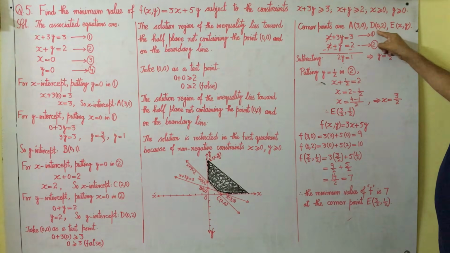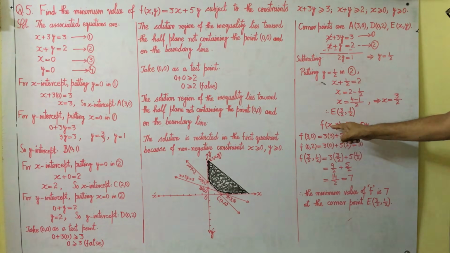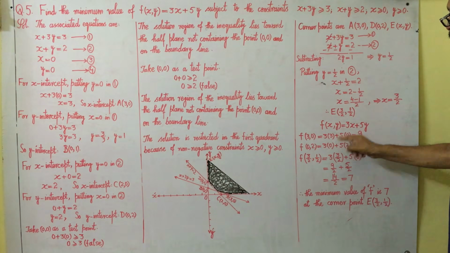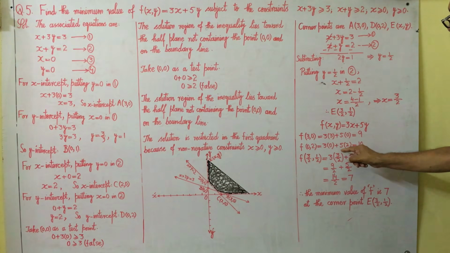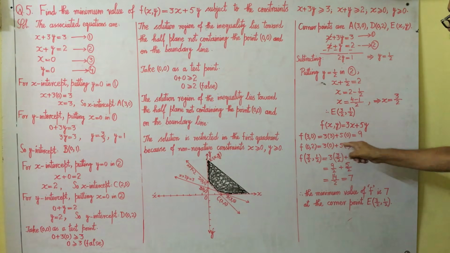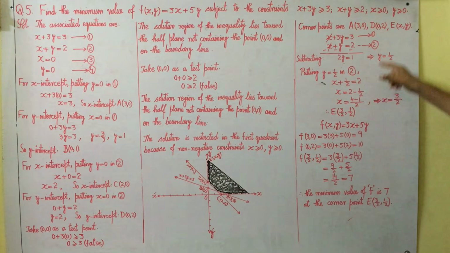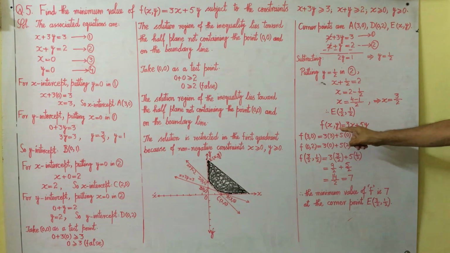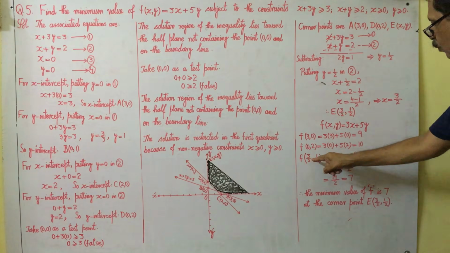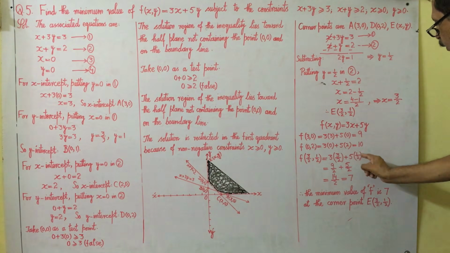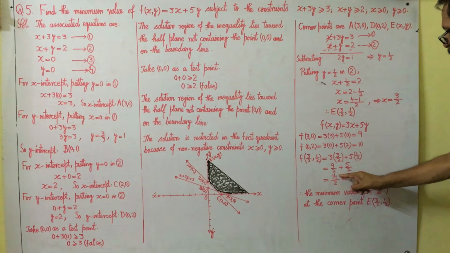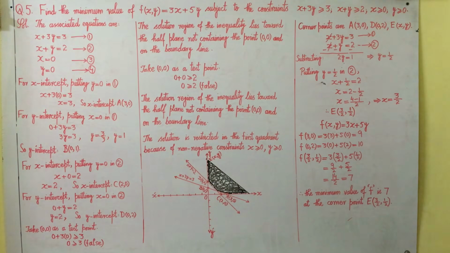Now f(0, 2), replacing x by 0 and y by 2: 3 into 0 plus 5 into 2, 5 2s are 10, 10 plus 0 is 10. F(3/2, 1/2): 3 into 3/2 plus 5 into 1/2, 3 3s are 9/2, plus 5 1s are 5/2, 9 plus 5 is 14/2, 2 7s are 14, so 7.